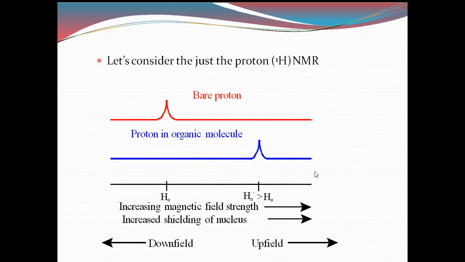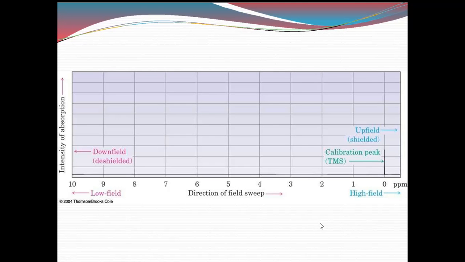I already told you that the nucleus should be applied with an external magnetic field, so you apply it from low to high. So this is increasing magnetic field, this is downfield, and this is high field. This is low field and this is high field. Okay, I will explain once again what is downfield.